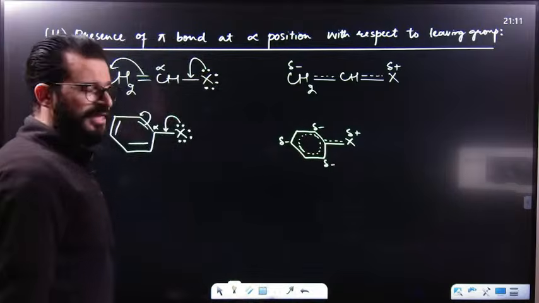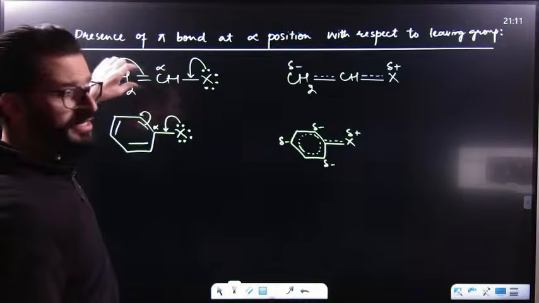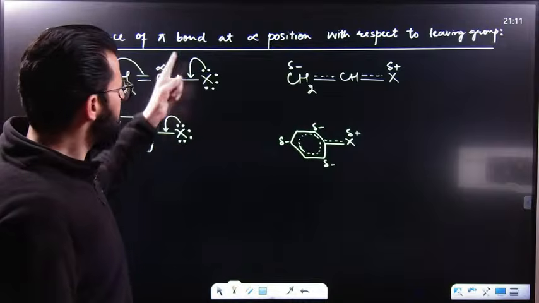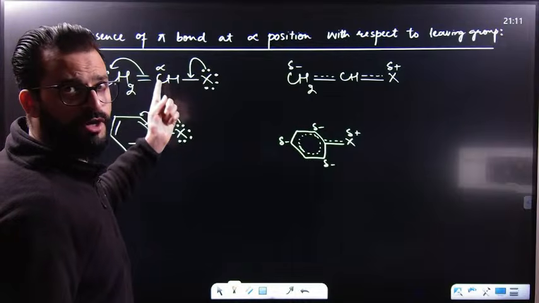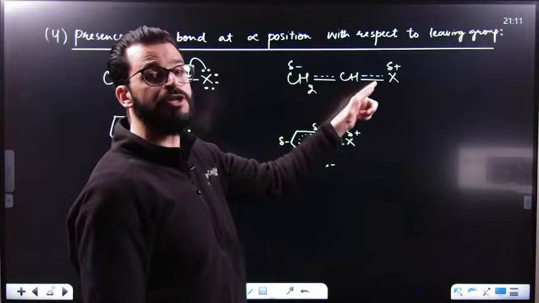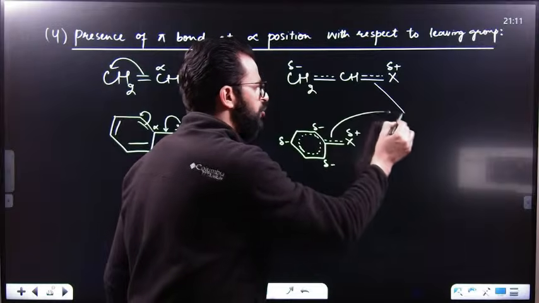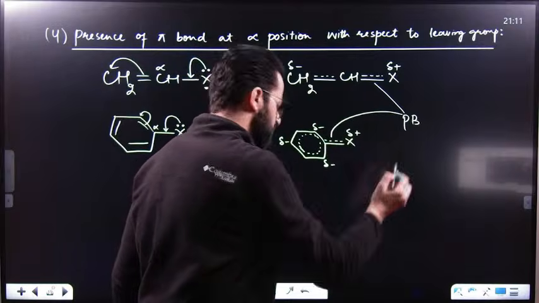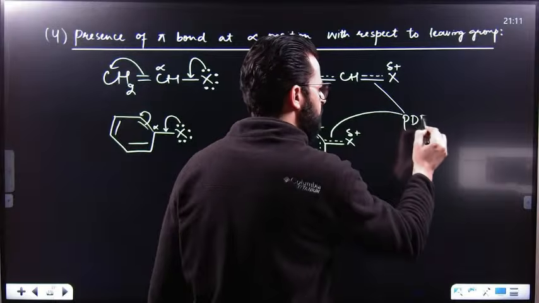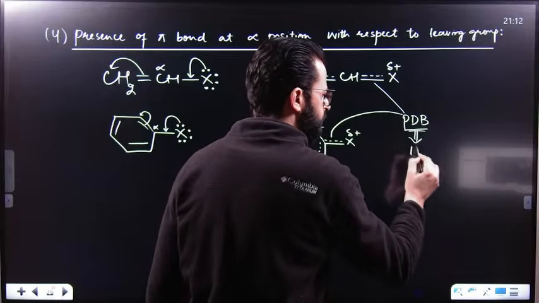Now tell me, can I say when pi bond is present at alpha position, the CX bond, that means the bond of carbon and the leaving group, shows partial double bond character. Partial double bond character means the bond becomes stronger.